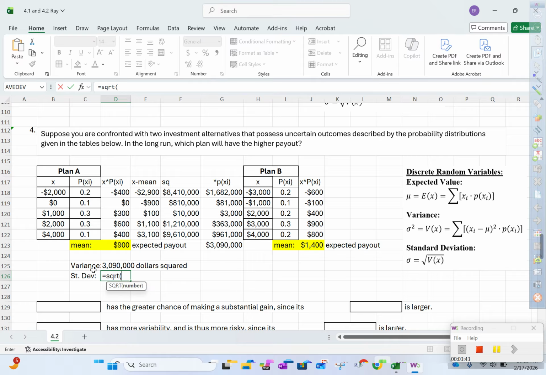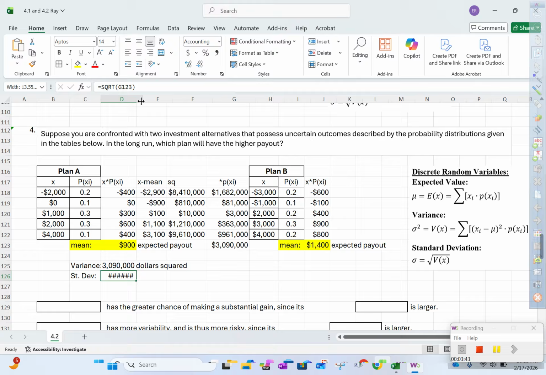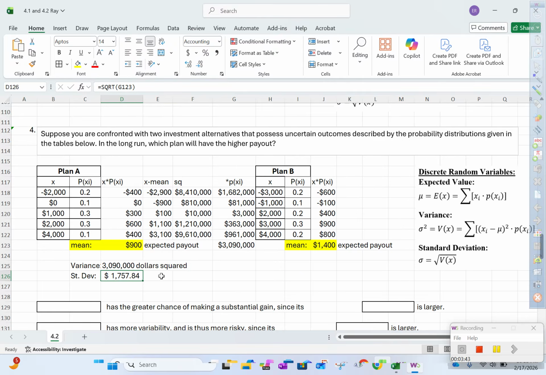So square root, and I'll just grab this number up here. And then this one I don't need the labels, so you can just go up and hit that dollar sign if you want. Extend it out a little bit so it shows up. Okay, so that says that I'm expected to make $900, but that $900 may vary by about $1,800 on top of that. So it could be $1,800 higher or $1,800 lower.